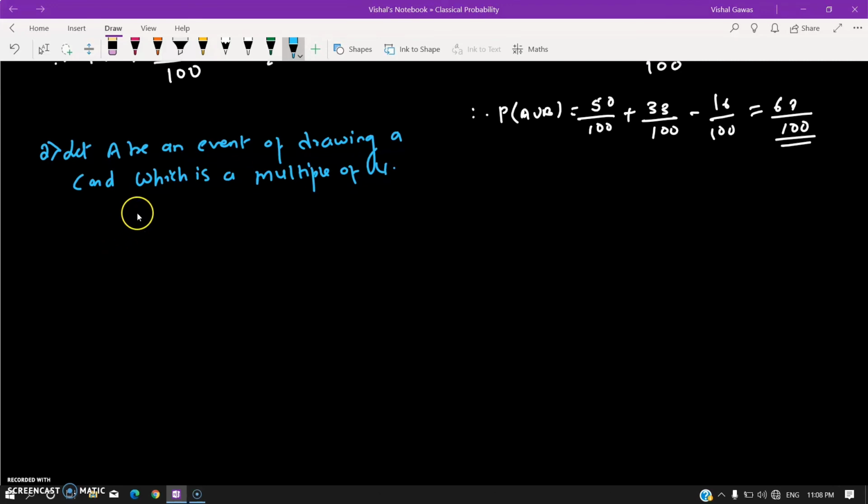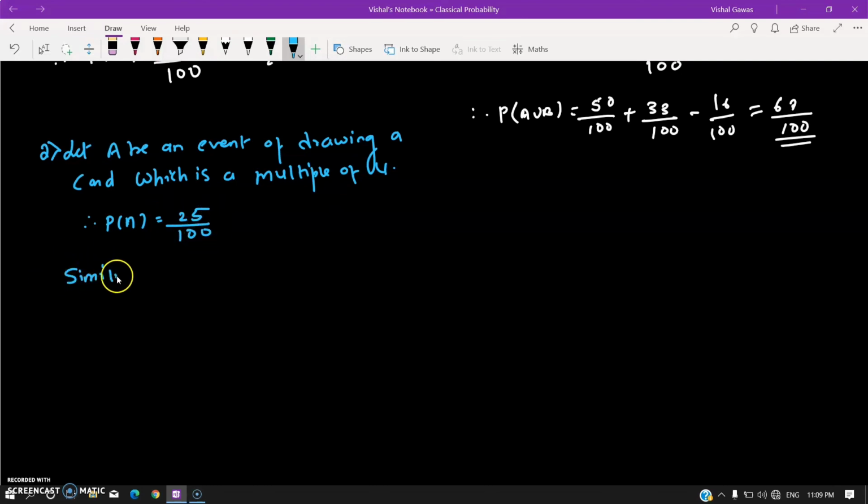So how many multiples of 4 do we have? From 1 to 40 we have 10, then from 40 to 80 we have another 10, and from 80 to 100 we have another 5. So altogether there are 25 multiples. So what is P of A? P of A would be 25 over 100.